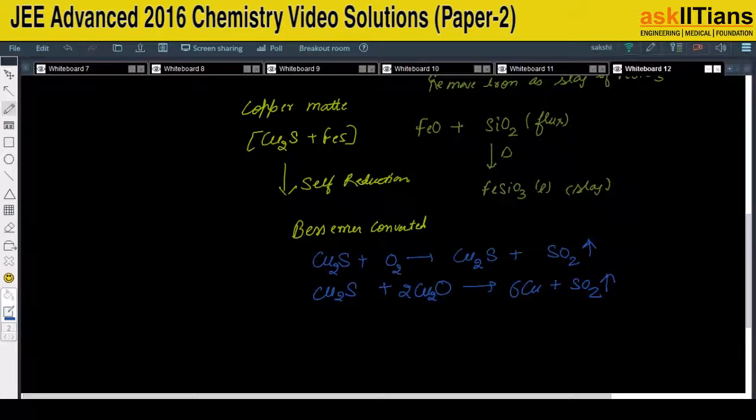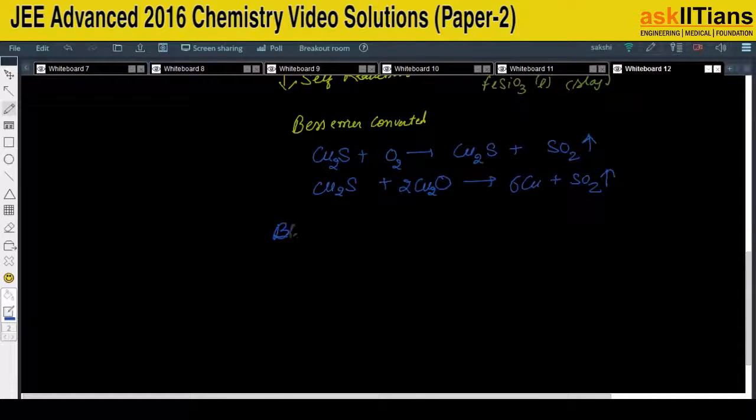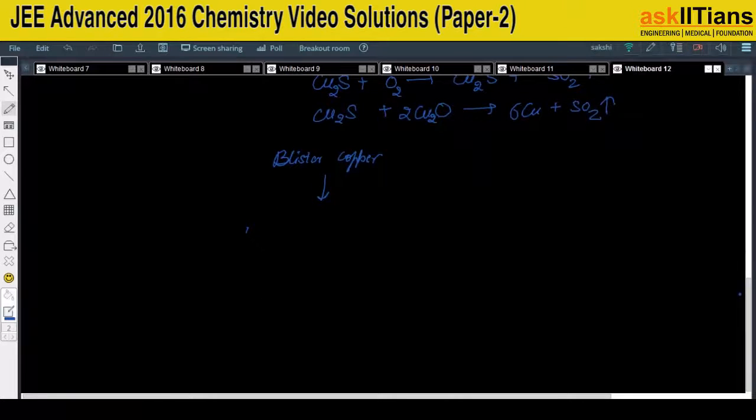And finally, after self reduction, what you will obtain will be blister copper. The refining of blister copper is done by poling followed by electro-refining, but not by carbon reduction method.